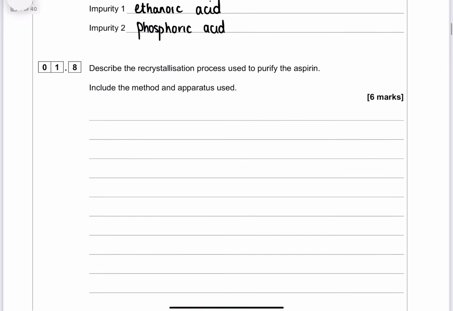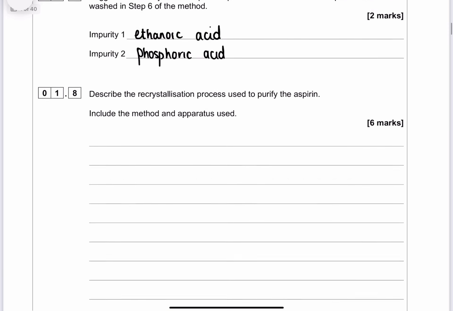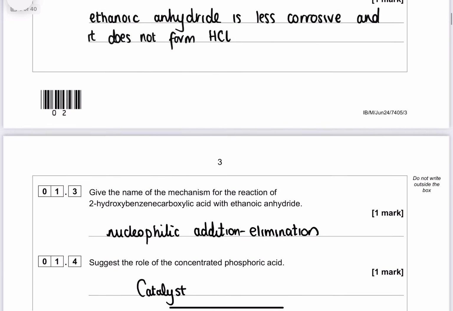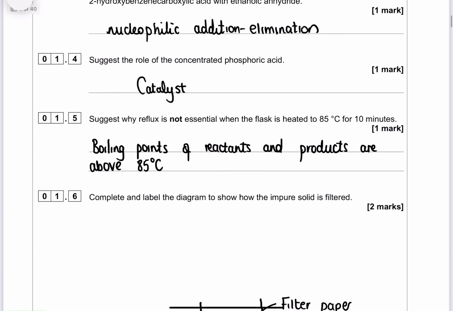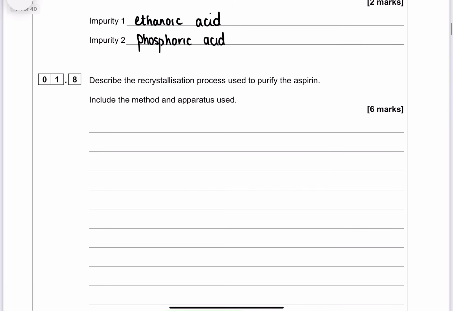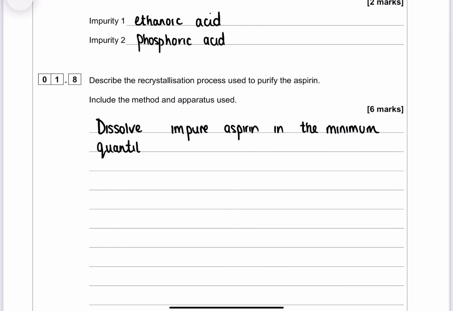Describe the recrystallization process to purify the aspirin. So our solvent, if we scroll all the way back, was a 50-50 mixture of water and ethanol. So the first thing we want to do is dissolve our impure aspirin in the minimum quantity required to get it to dissolve of hot solvent, and the solvent is water and ethanol in this case.